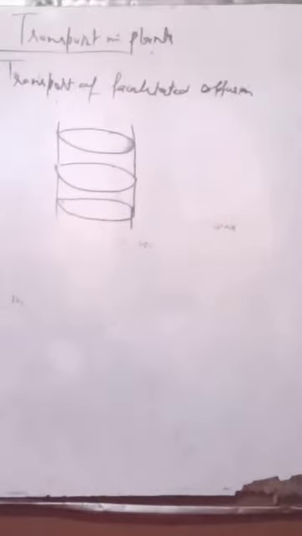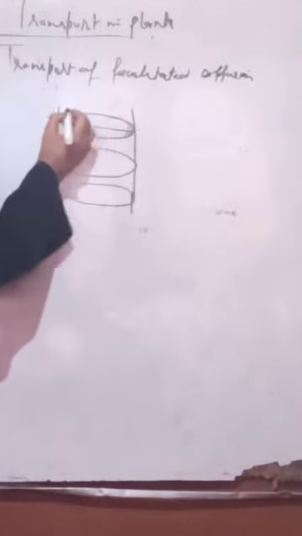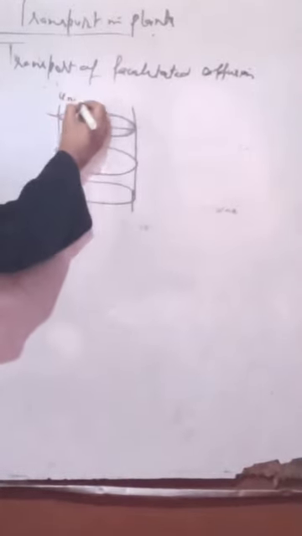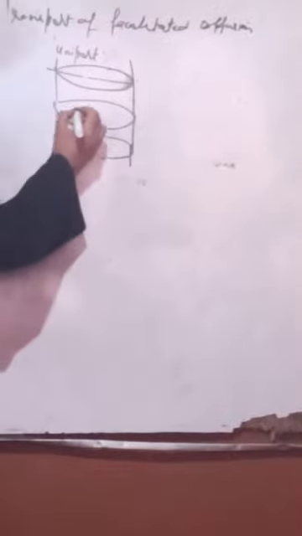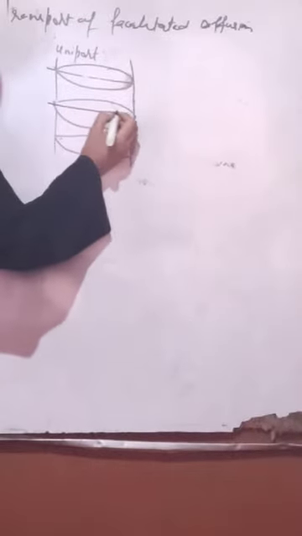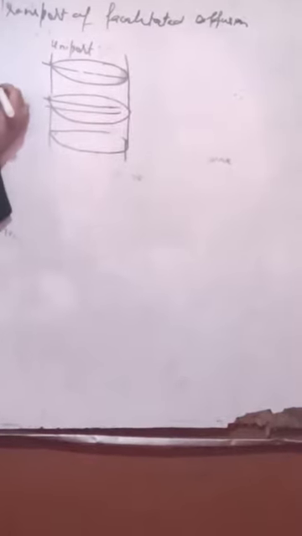When one molecule moves in one direction, it is called uniport. For example, there is movement of two molecules in the same direction at the same time.